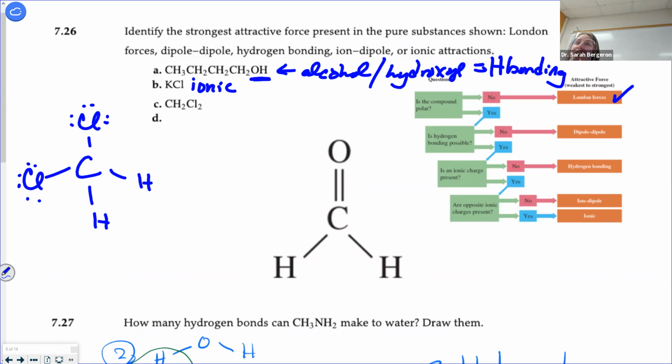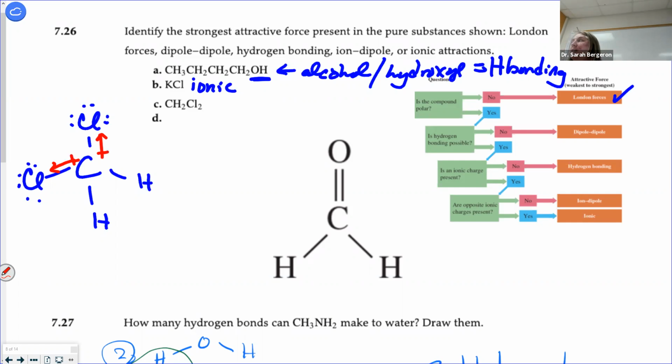Do we have an electronegativity value difference between carbon and chlorine? Yes, we do. Who's more electronegative? Chlorine is more electronegative. So I'm going to put my arrow to point at the negative. I'm pointing at the negative, right?